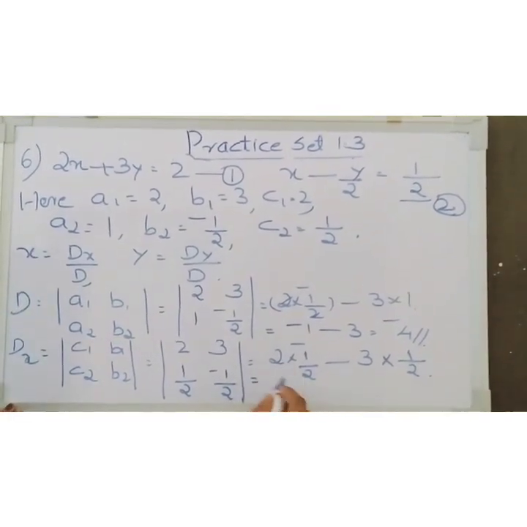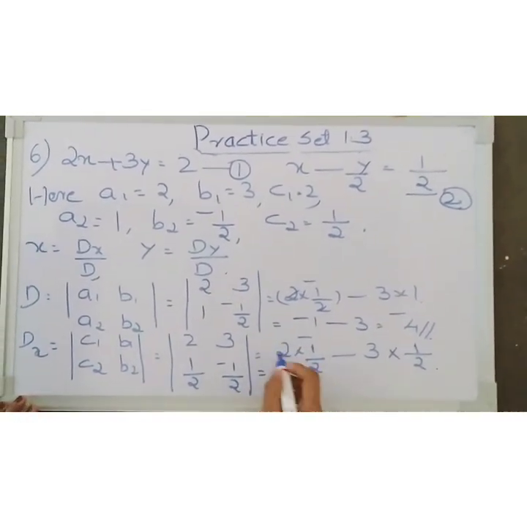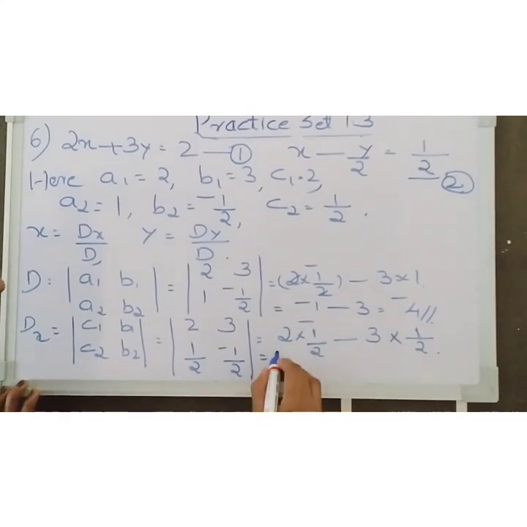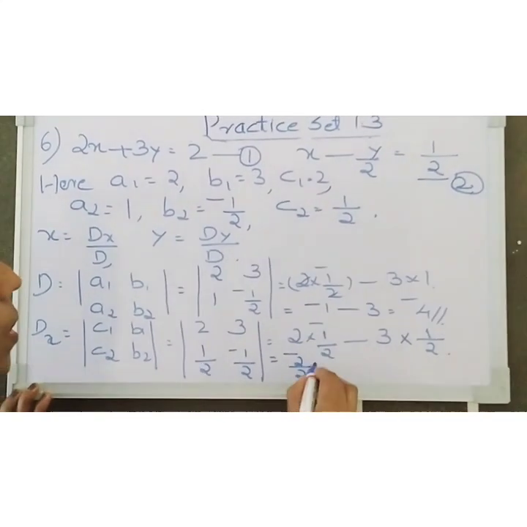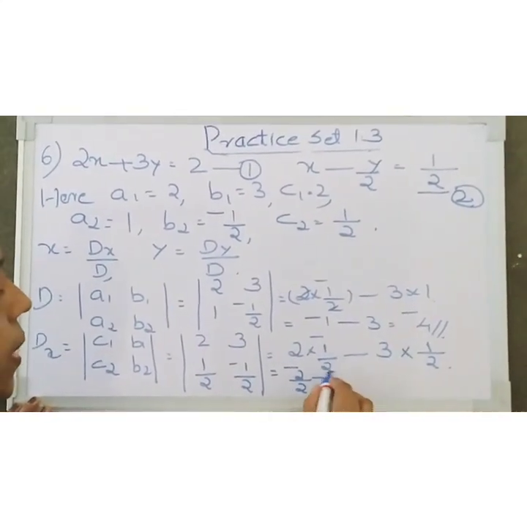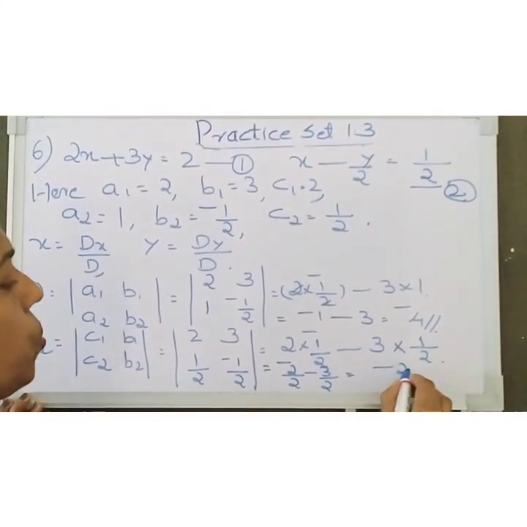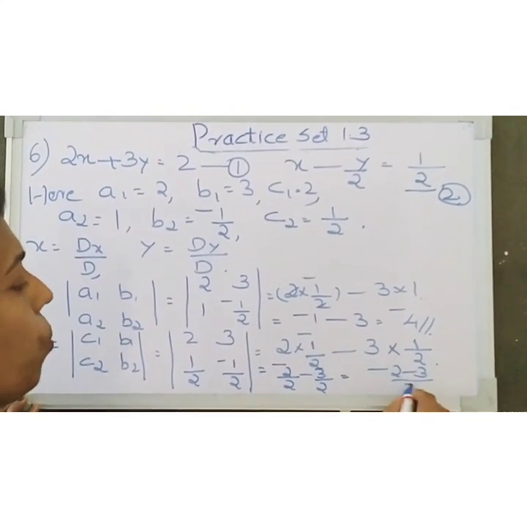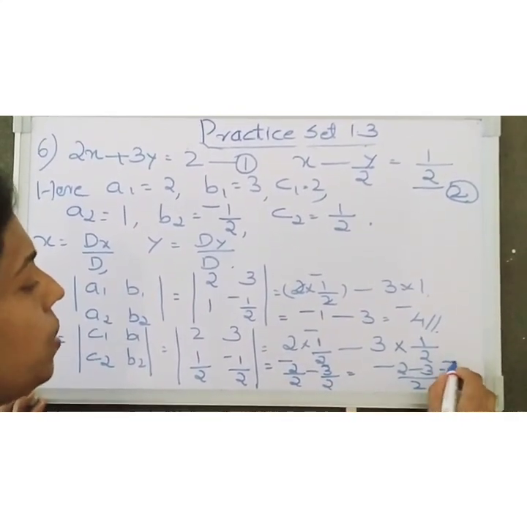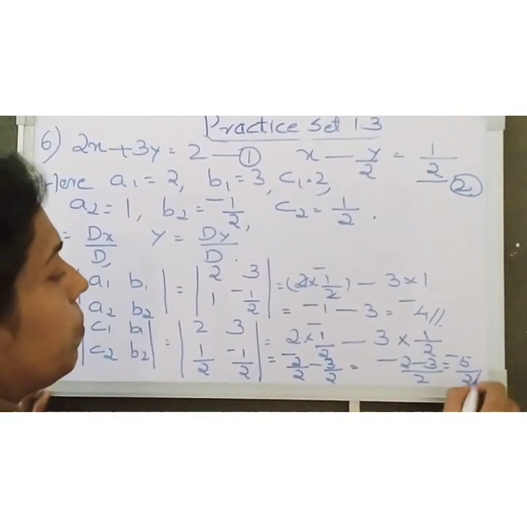Here no need to cancel. If you want to cancel, you can cancel. Otherwise 2 into 1 is 2, minus 2 upon 2. Minus 3 ones are 3, 3 upon 2. Denominator is same. Therefore minus 2 minus 3 upon 2. Therefore minus 5 upon 2.